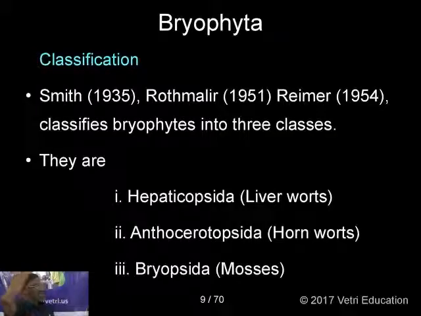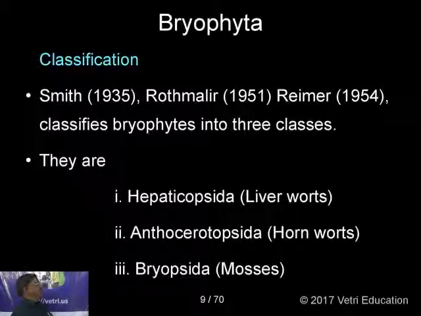Next you see the classification of bryophytes. As with other classifications, Bryophyta is also classified by many bryologists. As I told you already, the study of bryophytes is called bryology, and the scientists who study them are bryologists.